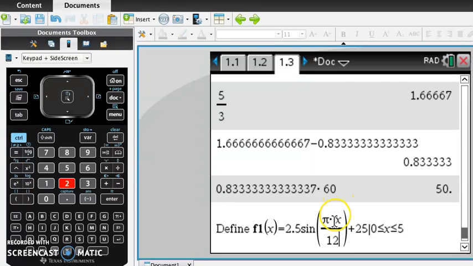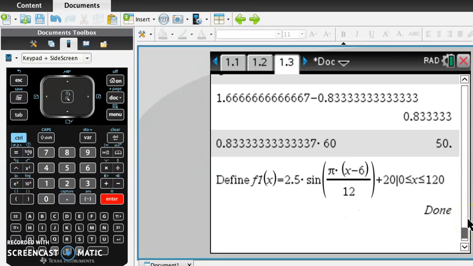Another advantage is it's in terms of x, so I don't mistakenly put t. And I reckon it's going to be between 0 and 120 this time. So there's my function. Right, so the amplitude, obviously there, 2.5.